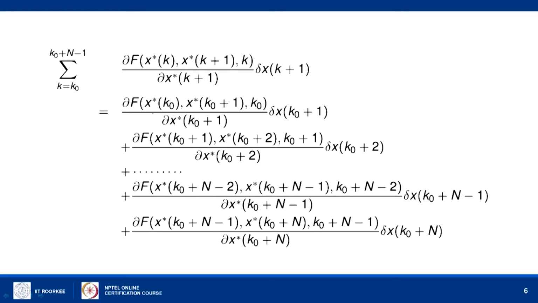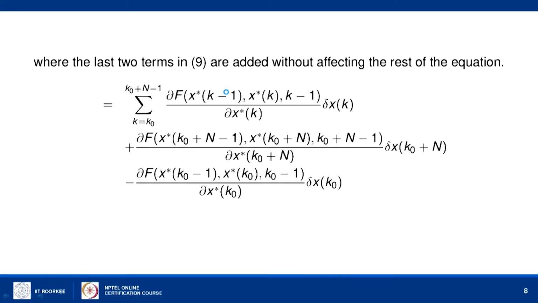Here we observe that the first values are f of x star of k 0, but when we write it in the form of k 0 minus 1 as the first term, we have to note that while doing that way we will be omitting the last term in that previous series, and this term we have already introduced artificially the last step.